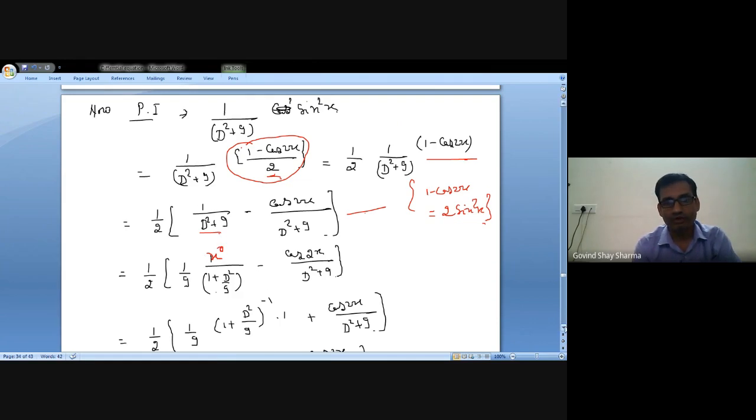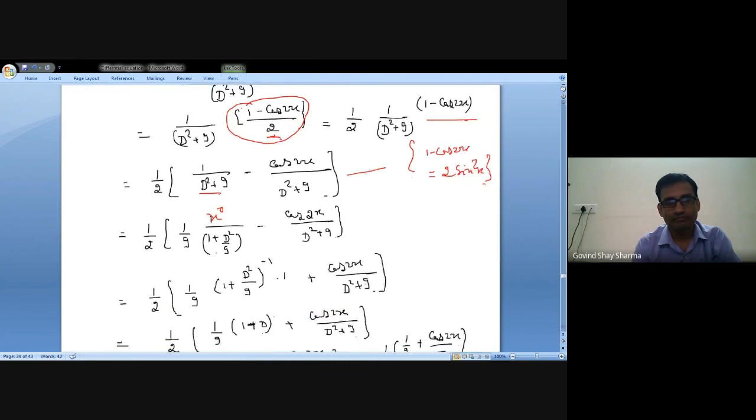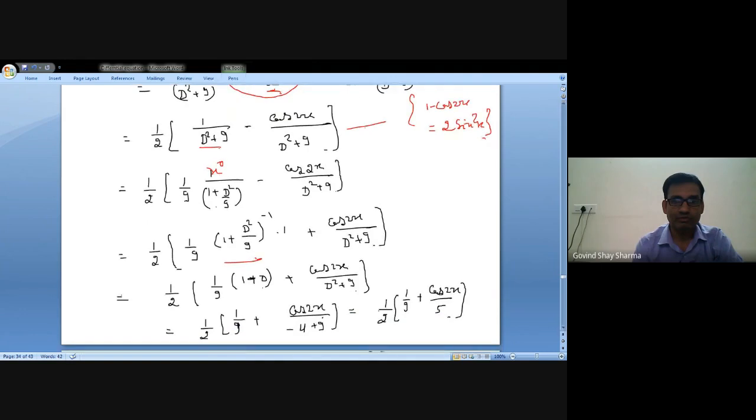So we take out 9 and convert it into 1 plus D square upon 9 inverse. So this becomes 1 minus 0, as all terms with D square, the differentiation of a constant value, are 0. Okay, so this becomes 0, and this is cos 2x upon D square plus 9.